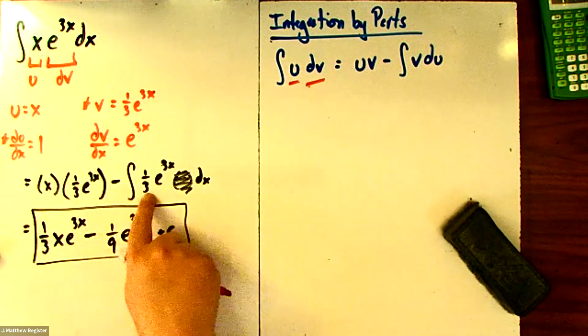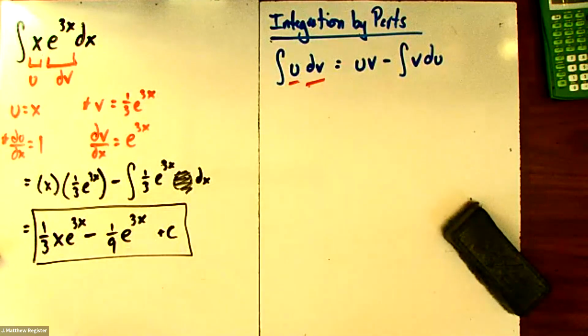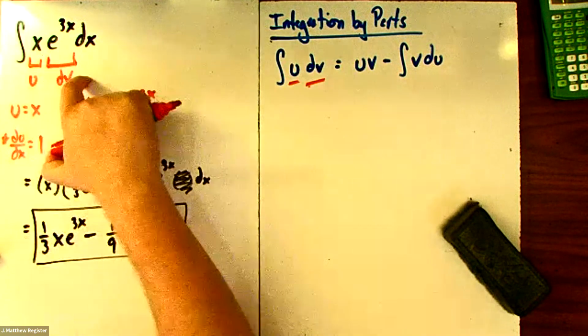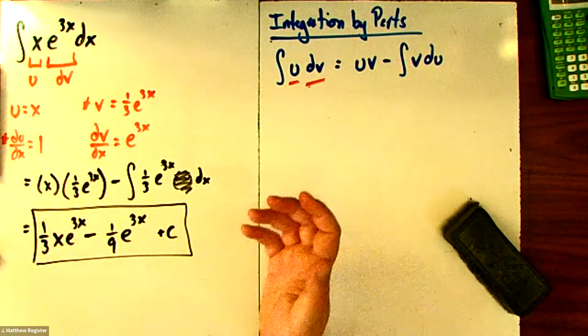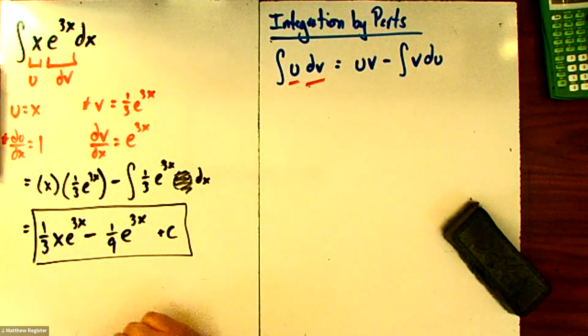Once they're in there, you have a new integral, and hopefully that new integral is easier than the one you had. If it is not easier, maybe you chose your u and dv incorrectly, in which case just choose the other one to be u and try it. The nice thing is this will work no matter what. You might not get to an answer that is nice.